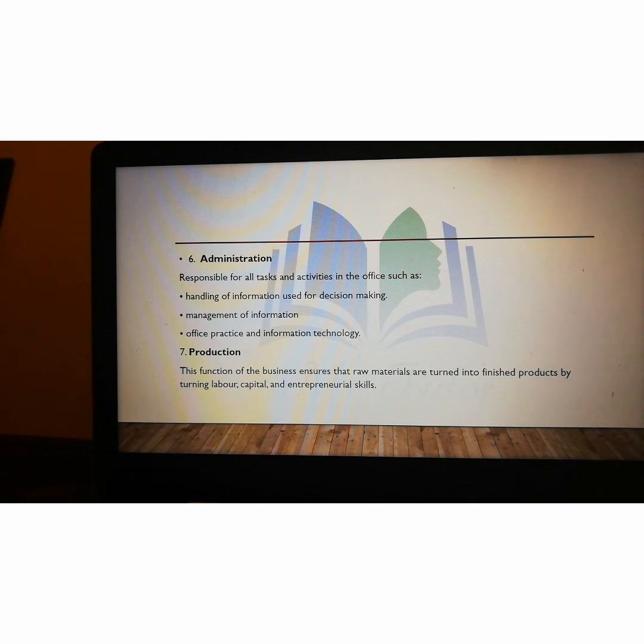For example, capital as an example simply means that a production function of the business ensures that whatever money was placed to buy those raw materials is used adequately, because you cannot use half of the money to produce that finished product and then think that sneaker will be a finished product, because you spent half of the money and maybe you bought second-hand raw materials.